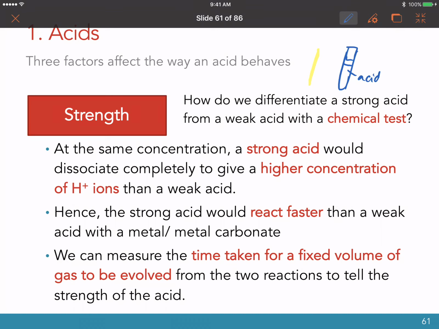Then you have your metal here. You can bubble the gas evolved into a syringe. Okay, so just by how much the syringe moves in a time period, you can tell how much gas is being evolved.